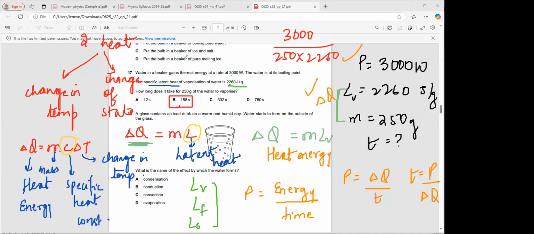I'm getting 5.3 times 10 to the negative 3. No, you'll not get such a small number. When you multiply 250 into 2260, you will get 565,000, right? So the time to vaporize water will be this divided by 3000.